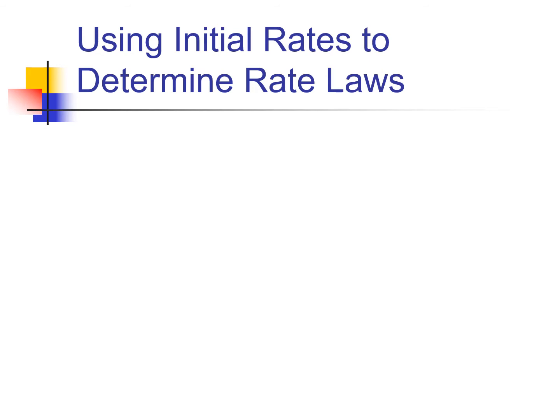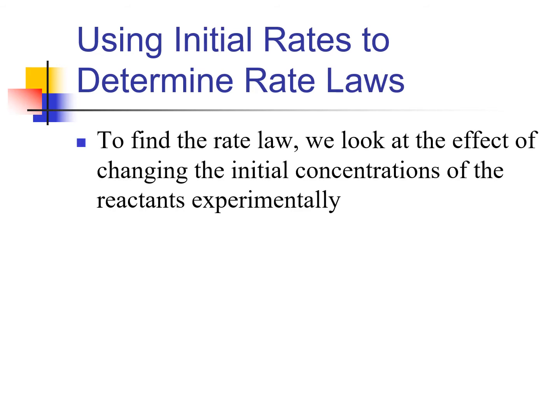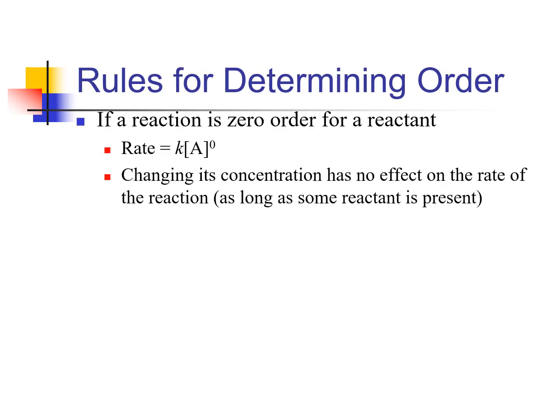So how do we use these initial rates to determine those rate laws? Well, again, you need experimental data. What we do is we change the initial concentrations of the reactants experimentally and record what that does to the rate. So we're going to work through an example, but first I'll give you the rules.